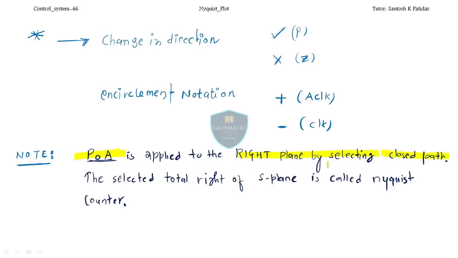Everything is of right plane analysis. The selected total right half of the S-plane is called the Nyquist contour. Okay, for today's class it's enough. We'll meet in the next class with some more things in the Nyquist plot.